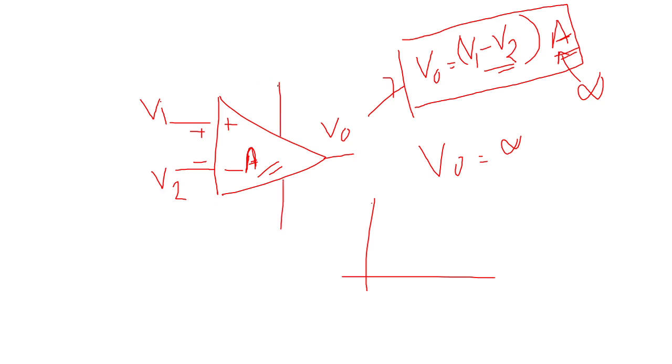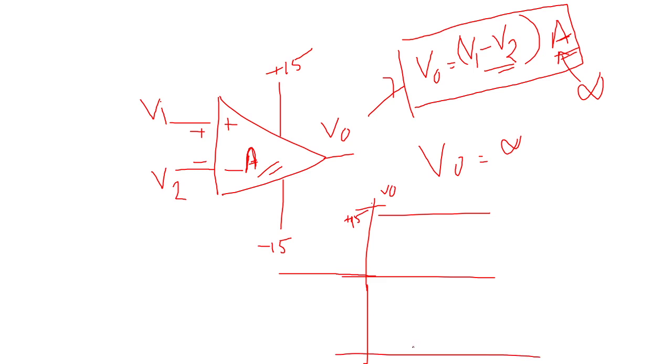This op-amp has some bias voltage we apply, say plus 15 and minus 15. The range of this op-amp, if this is V0, will be restricted within plus 15 and minus 15. Whenever there is a small difference between V1 and V2, the output will quickly jump to this value and get saturated.